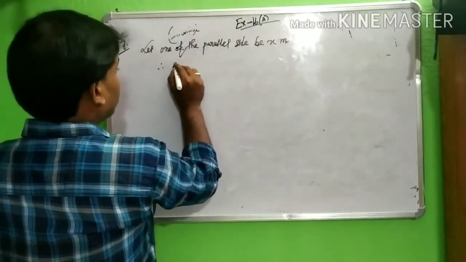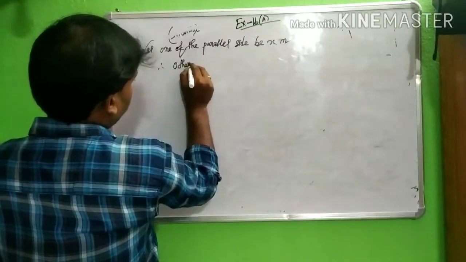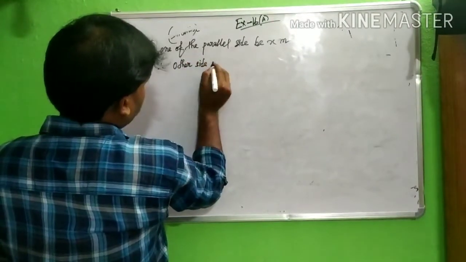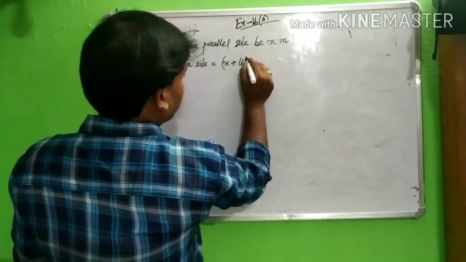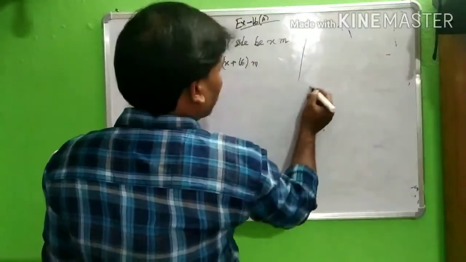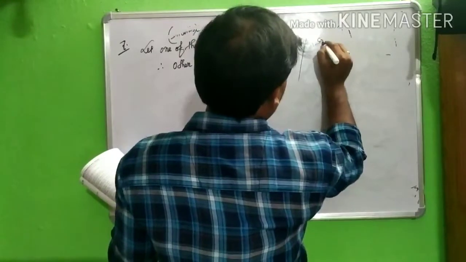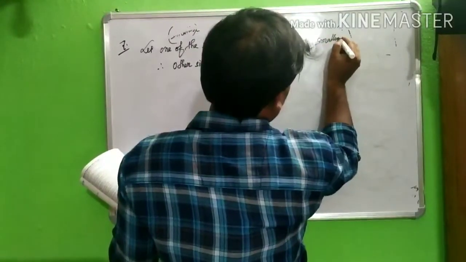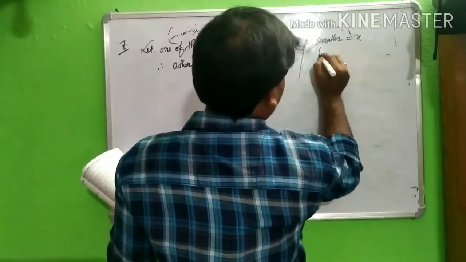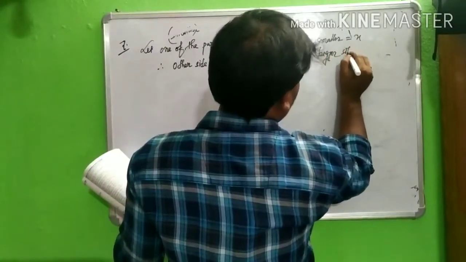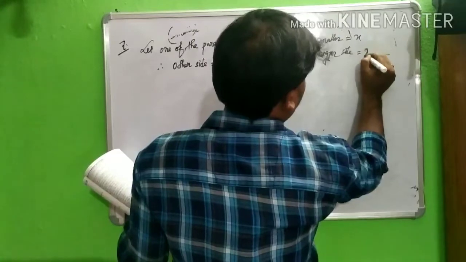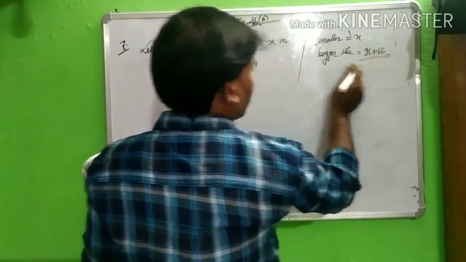Therefore the other side is x plus 16 meter. Or you can write in this way: let the smaller side be x, then the bigger side is x plus 16. You can write it any way.